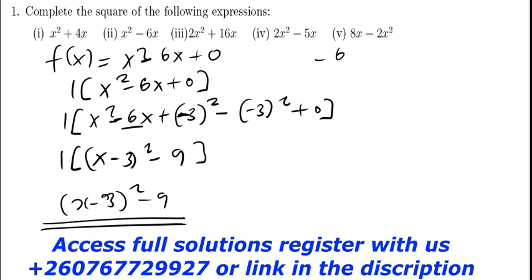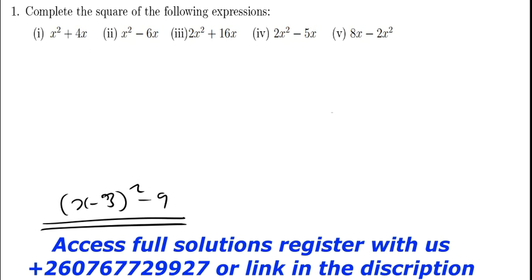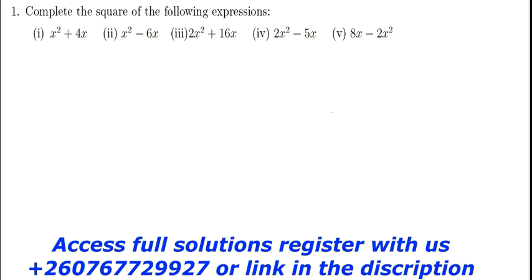So allow me to do part 3. Part 3 is in the form f of x is equal to 2x squared plus 16x plus 0. Factor out 2. What I'm going to remain with, 2x squared divided by 2 is just x squared.